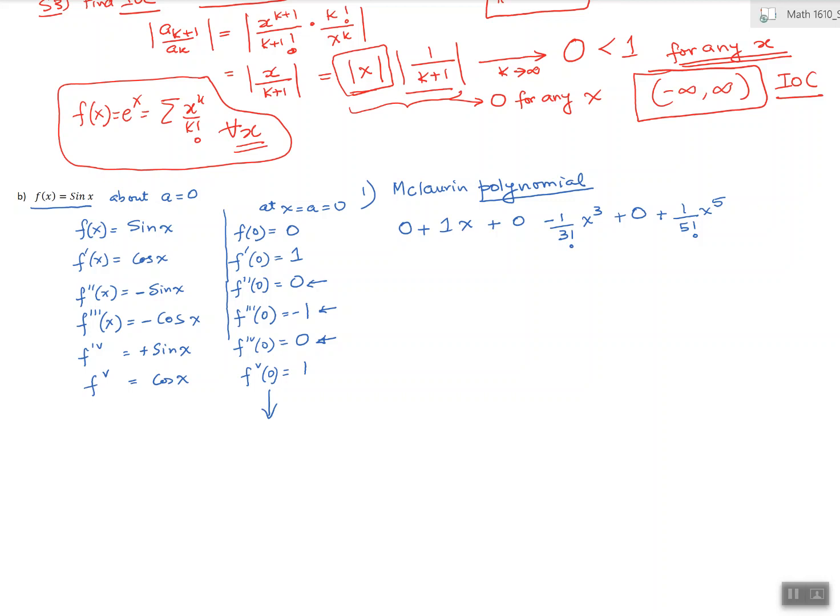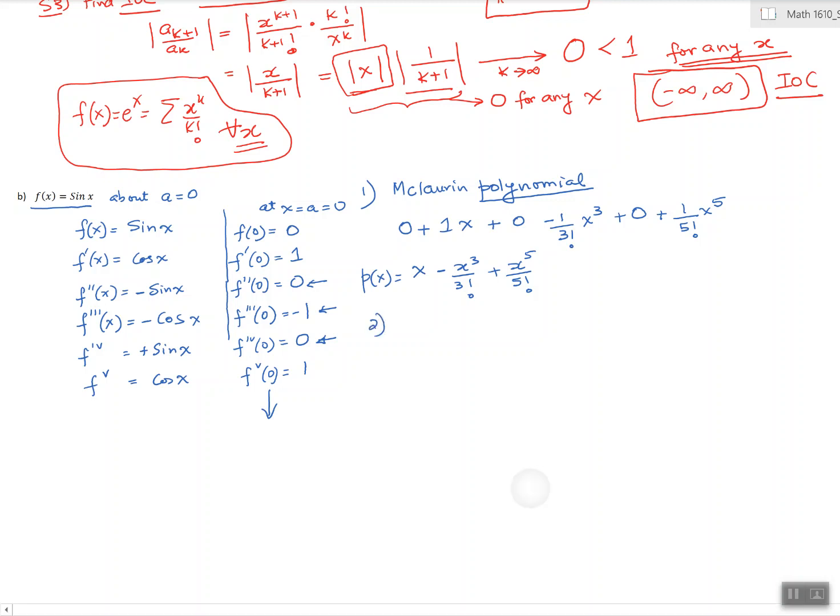Now, it's a polynomial, so I'm stopping here. So let's first write it and see what we see: x minus x cube over 3 factorial plus x to the 5 over 5 factorial. So this is my polynomial.